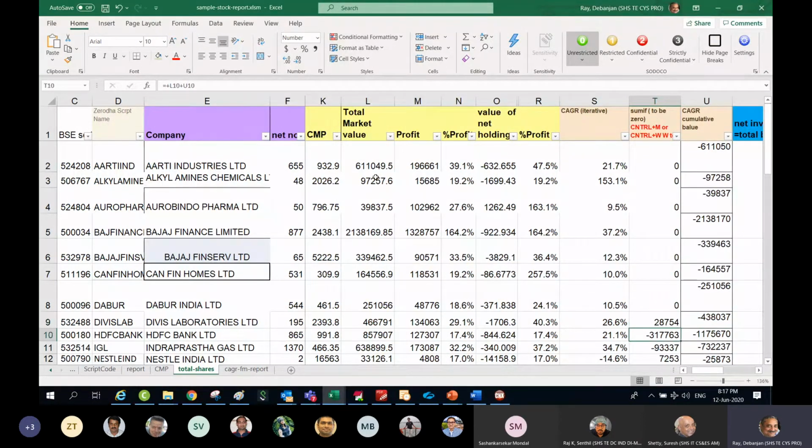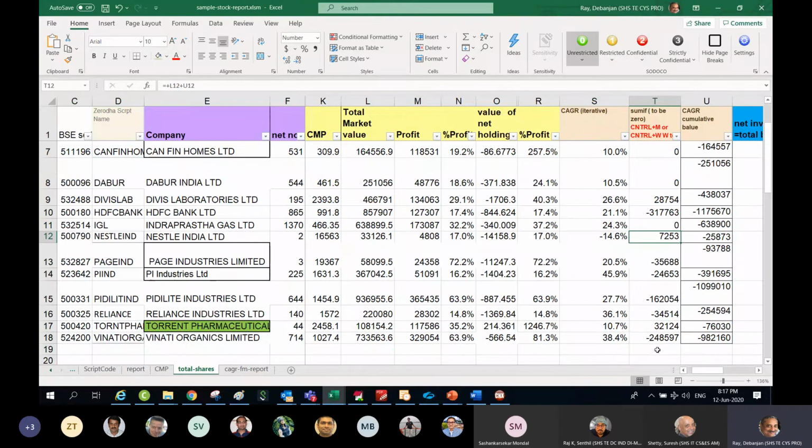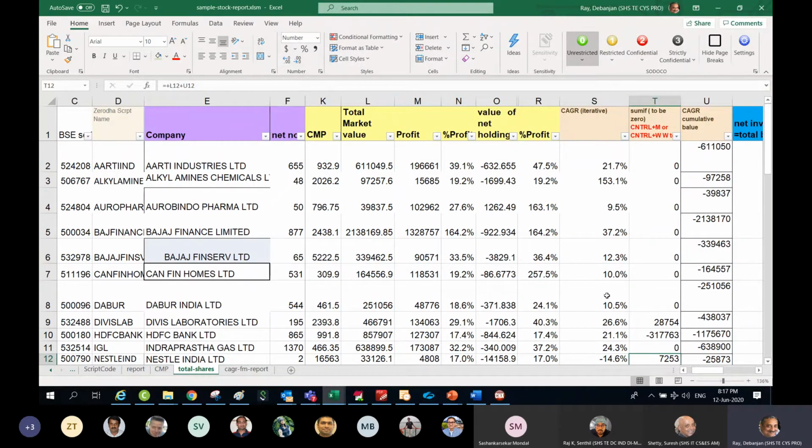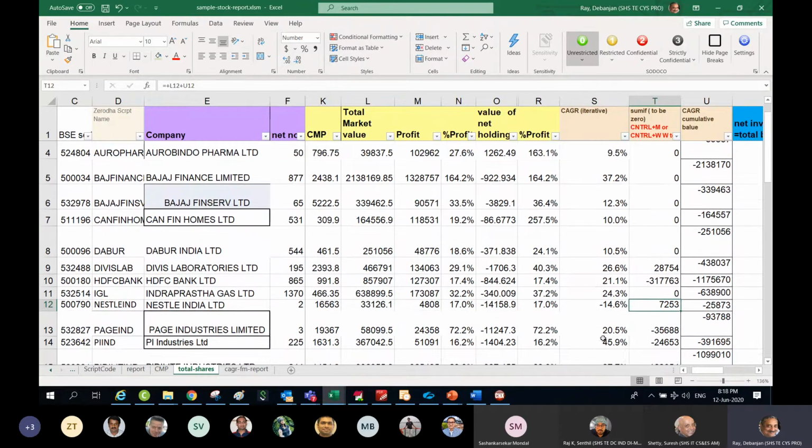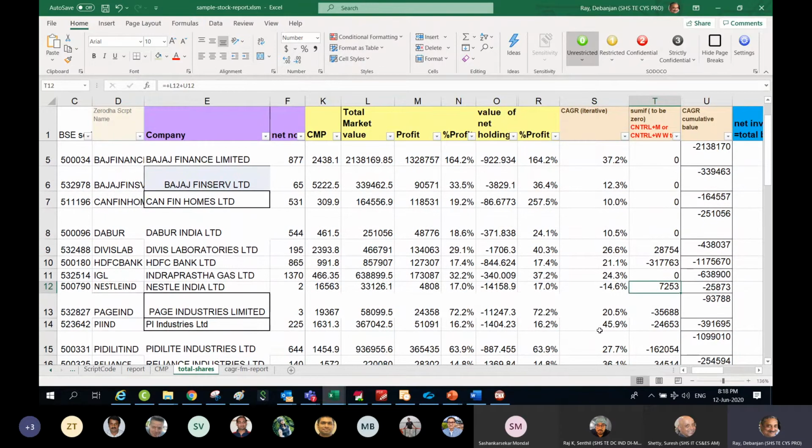For example, if I go to this one, let's see, Indraprastha Gas Limited, currently it is not giving so much. So what I mean to say is that a great amount of automation can be done, and I will monitor the performance of the individual stocks, and then it is a judgmental factor for me.